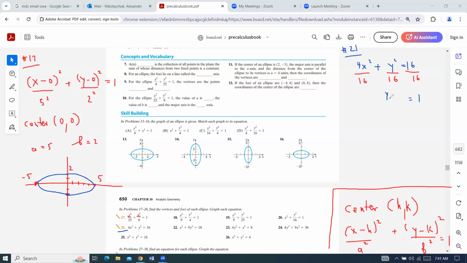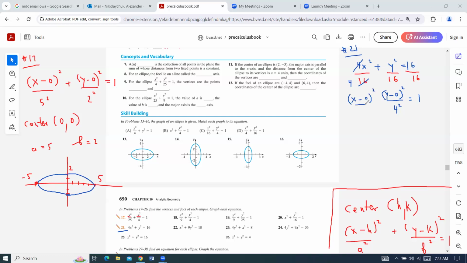And then y squared, so it'll be y minus 0 squared over 16, which is 4 to the second. And then for the x term, I have 2 squared underneath, because 4 is 2 to the second power.